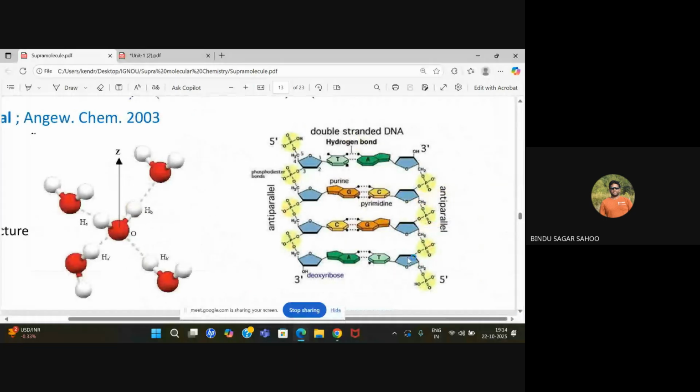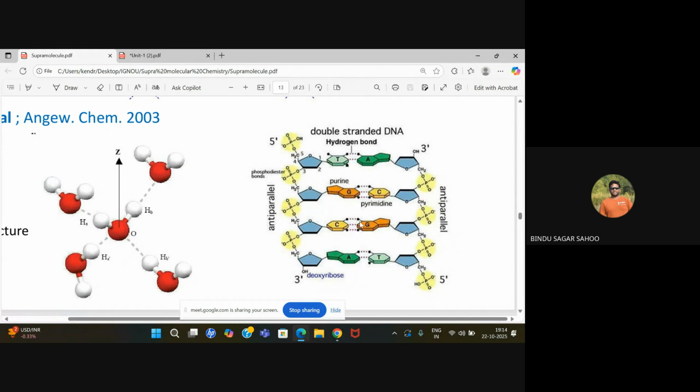A is adenine, T is thymine, G is guanine, C is cytosine. So in one strand you have adenine, and in the other strand thymine. They will make two hydrogen bonds. Guanine and cytosine will make three hydrogen bonds.